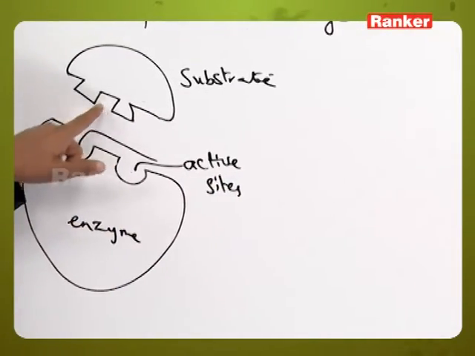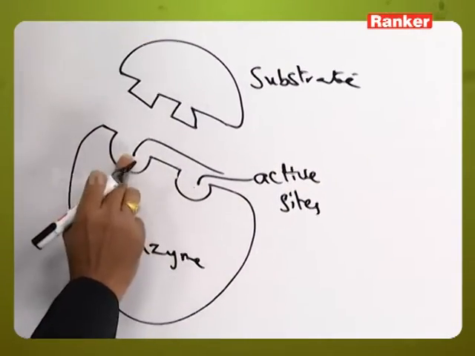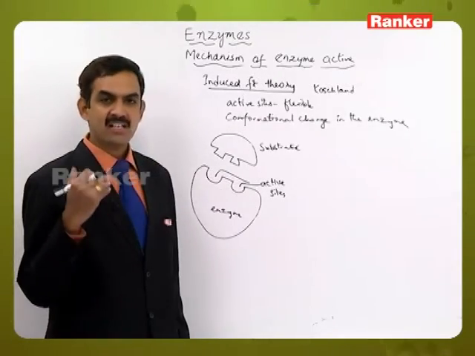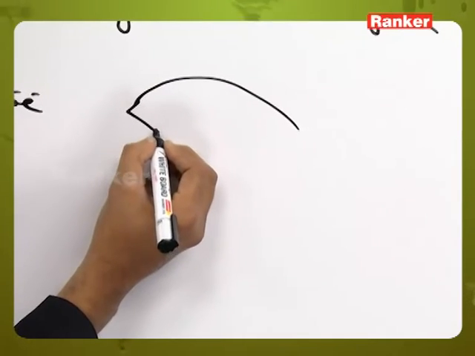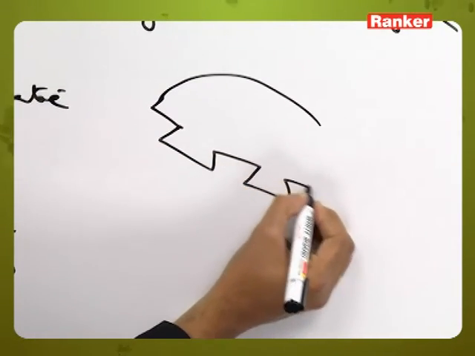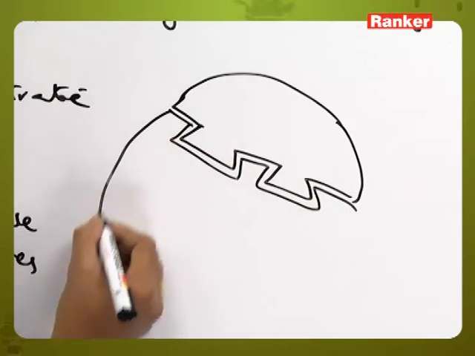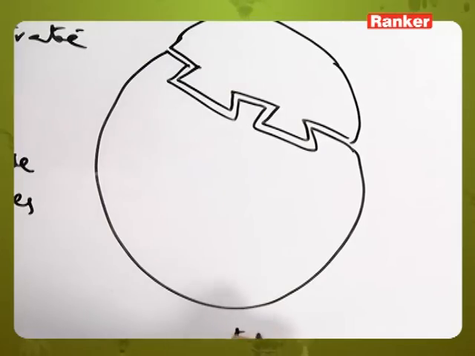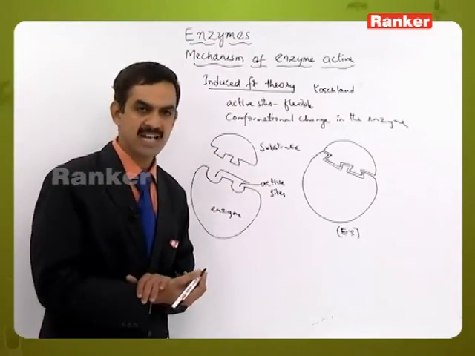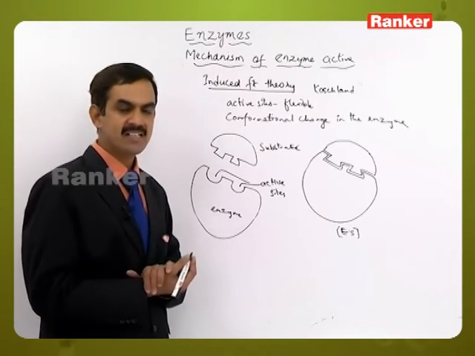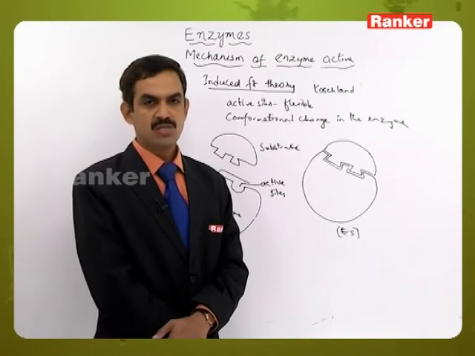When this substrate is ready to form a bond with the active sites of the enzyme molecule, the shape of these active sites will change and they will acquire the shape of the substrate molecule, so that the bonding will be formed. That is what we call an enzyme substrate complex being formed. This type of conformational change taking place in the enzyme because of the flexibility of the catalytic sites is called the induced fit theory.